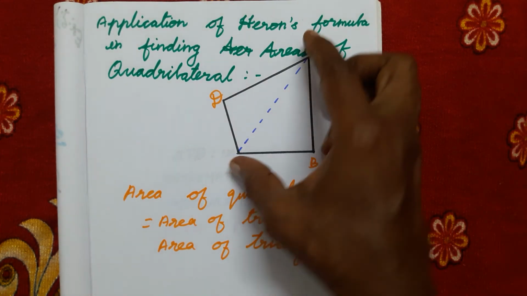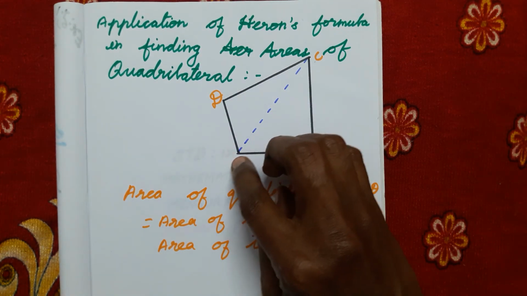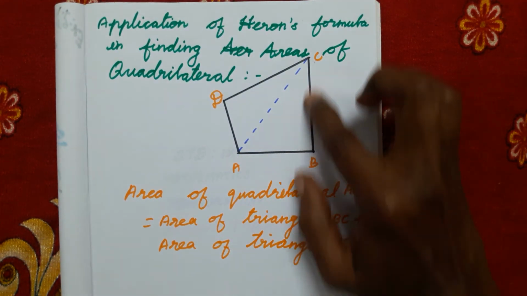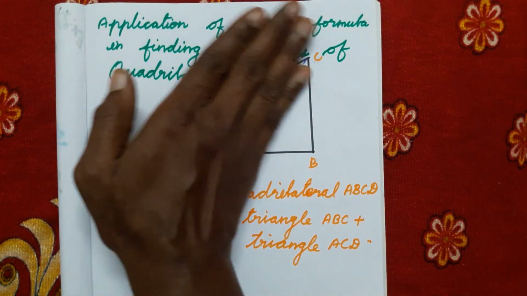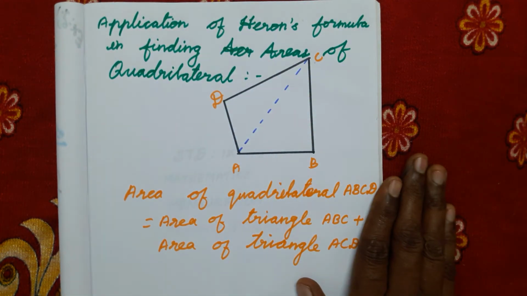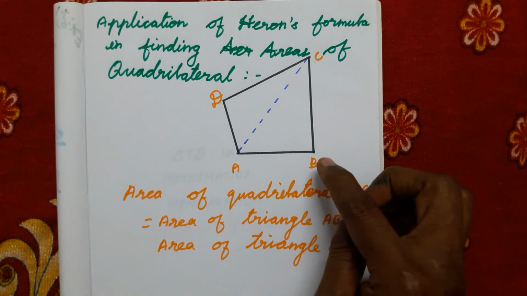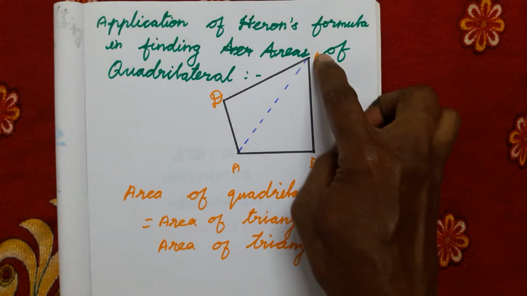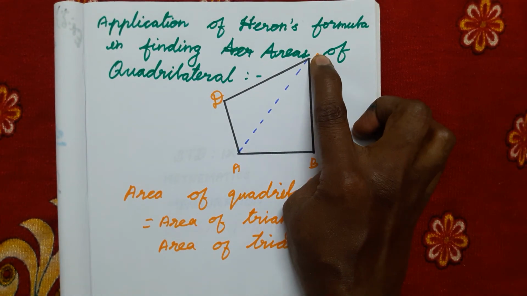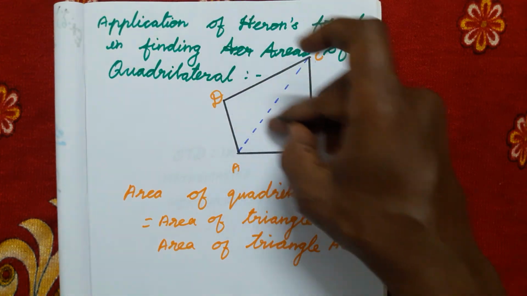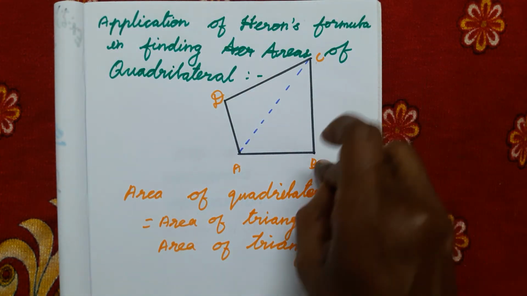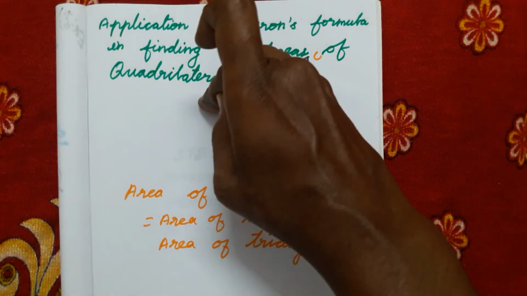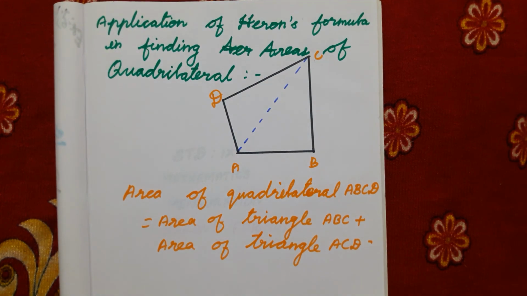When we split it with a diagonal, we have 2 triangles. So area of quadrilateral ABCD is area of triangle ABC plus area of triangle ADC. Otherwise, splitting with the other diagonal, we get area of triangle ABD plus area of triangle BCD. Two ways we can find it.